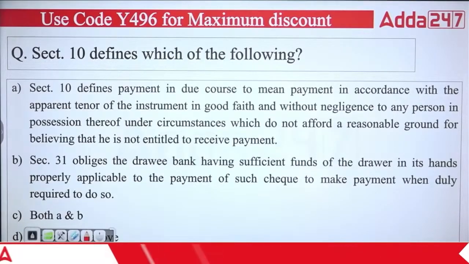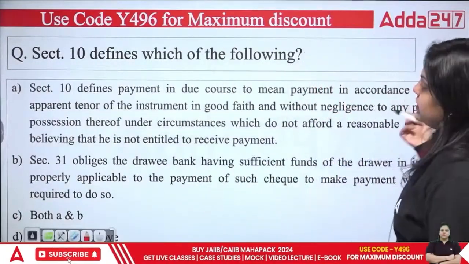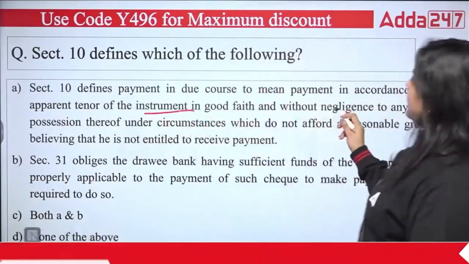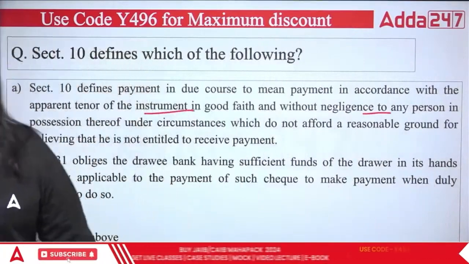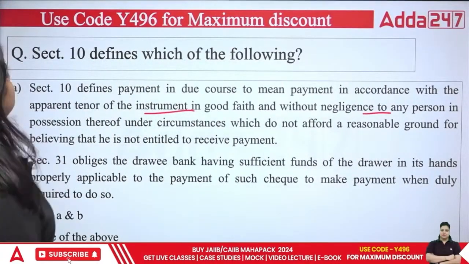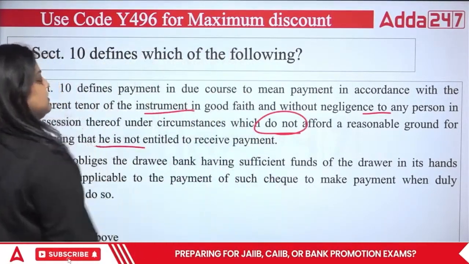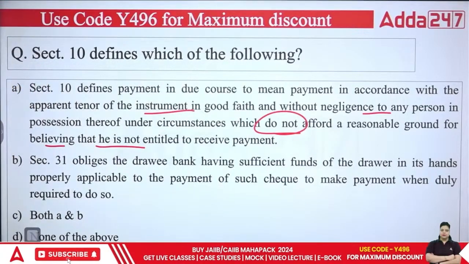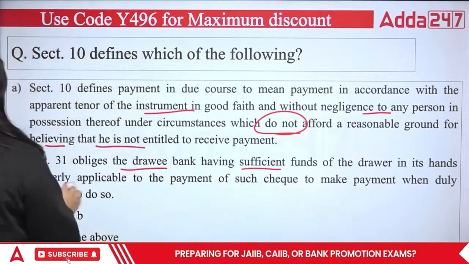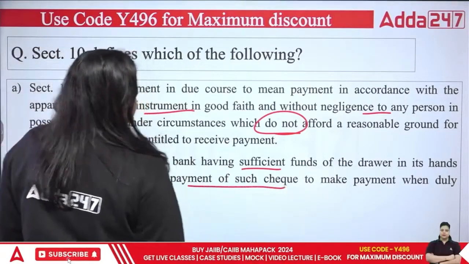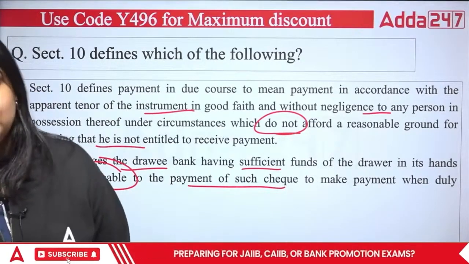First says section 10 defines payment in due course to mean payment in accordance with the apparent tenor of the instrument in good faith and without negligence to any person in possession thereof, under circumstances which do not afford a reasonable ground for believing that he is not entitled to receive payment. Then section 31 obliges the drawee bank, having sufficient funds of the drawer in its hand properly applicable to the payment of such check, to make payment when duly required to do so. Both A and B, none of the above. Which of the following is correct?